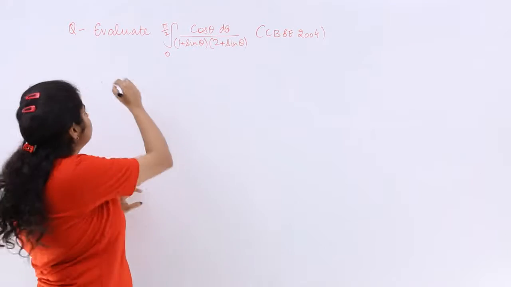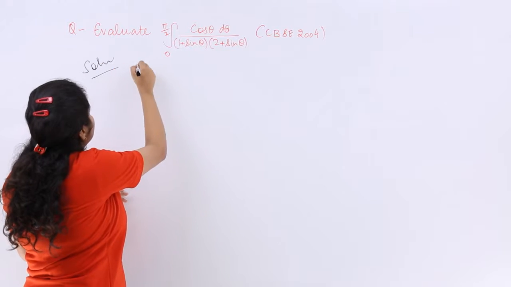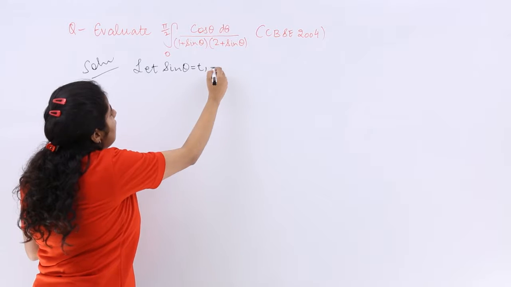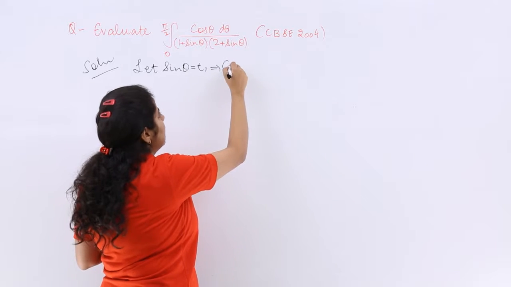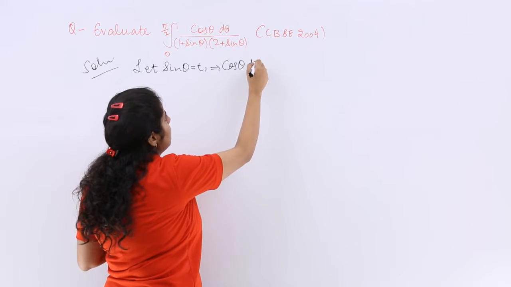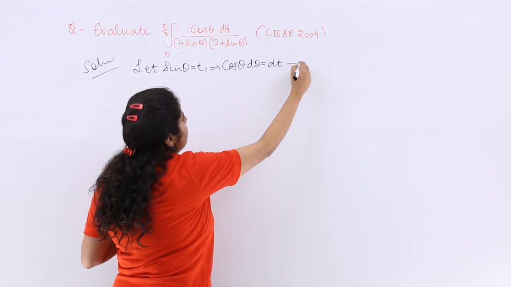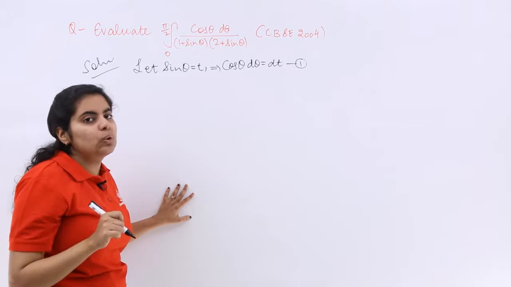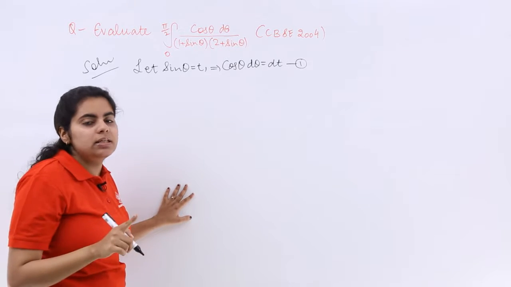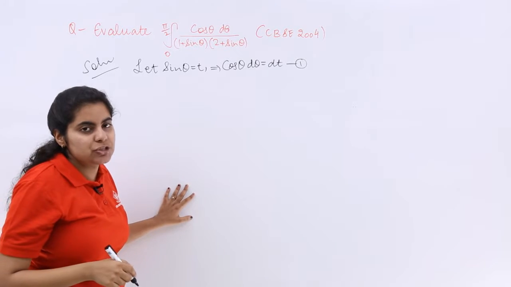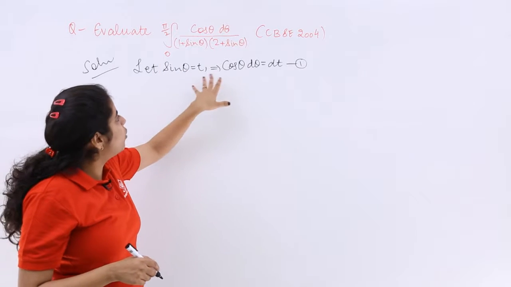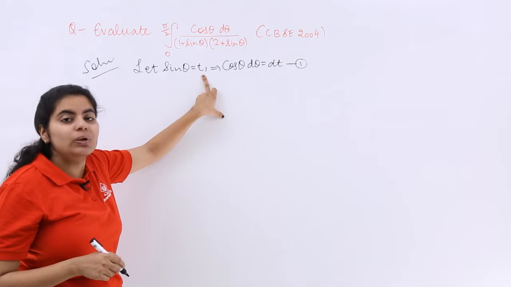I write solution, and now let me substitute. Let sin theta is equal to t, that implies cos theta d theta is equal to dt, and that is equation number 1. Now whenever you go by substitution in definite integration questions, you have to change the limits. That means now my question would be transformed into t.